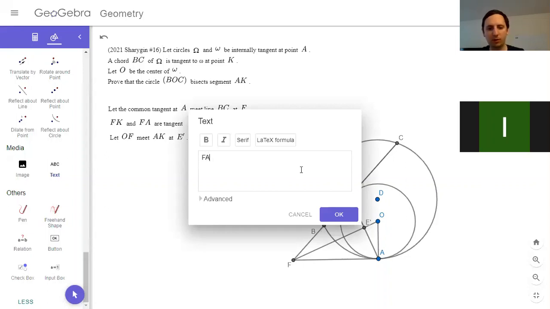Or we probably could have done it the other way using the radical axis theorem, but it doesn't matter. Same thing. So FA squared is equal to FE prime times FO. That's pretty well known. I'll put FB times FC in the beginning here.